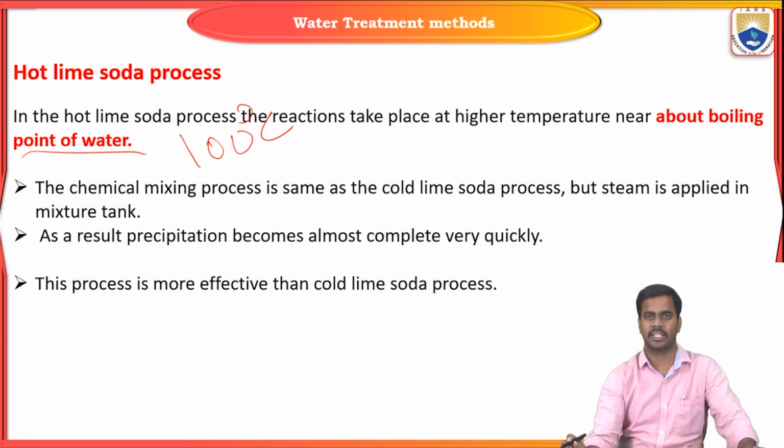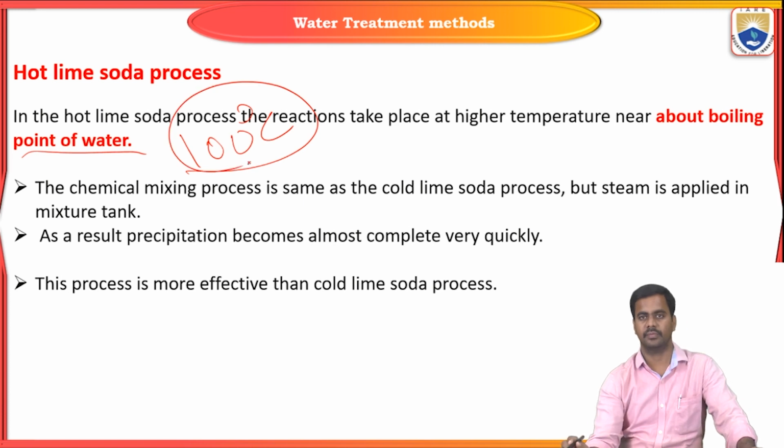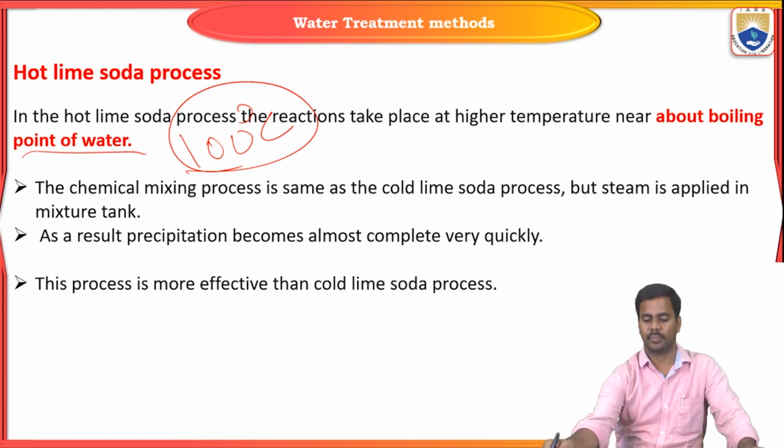As a result, precipitation becomes almost complete and very quick. This process is more effective than the cold lime soda process because of the temperature. The chemical mixing process is the same as the cold lime soda process, but steam is applied in the mixing tank. So that is the hot lime soda process.